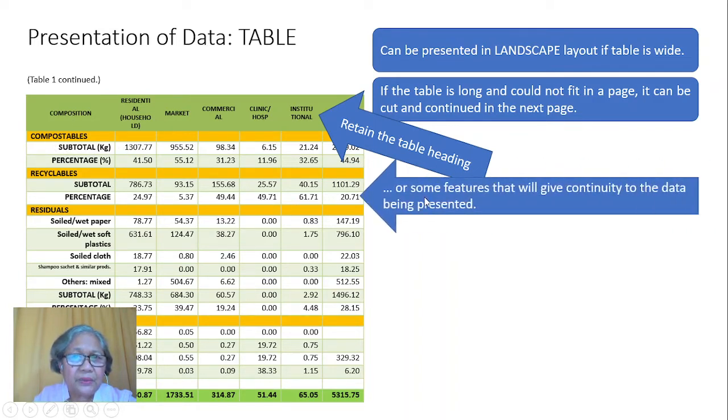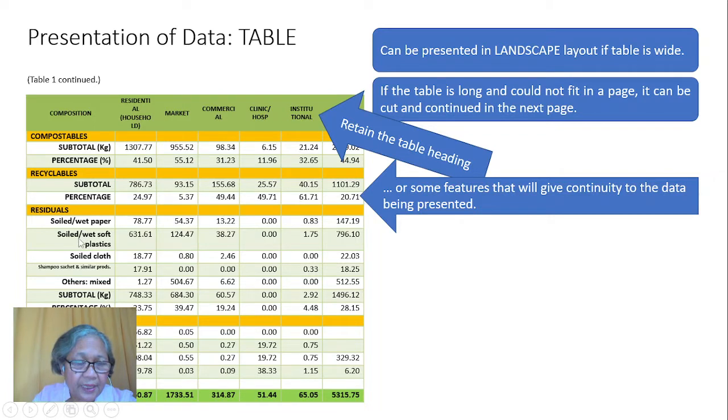Now, you can also retain some features that will give continuity to the data being presented. So here, the details in the compostables are not anymore presented, but only the subtotal, also with the recyclables. Because this is a continuation of table 1, which did not fit in a page, so you continued the table in the next page.